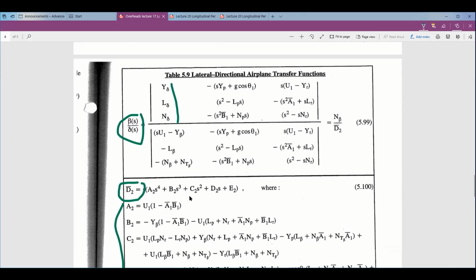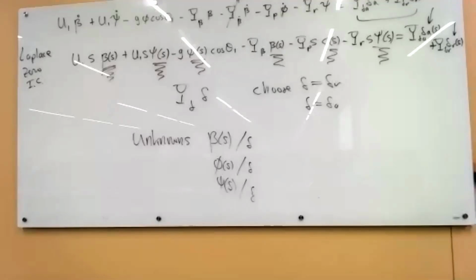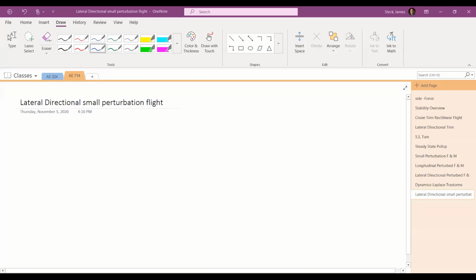But if we look at the BizJet and calculate these coefficients for that BizJet example, let's look at the roots we get. So now we're looking at the BizJet.